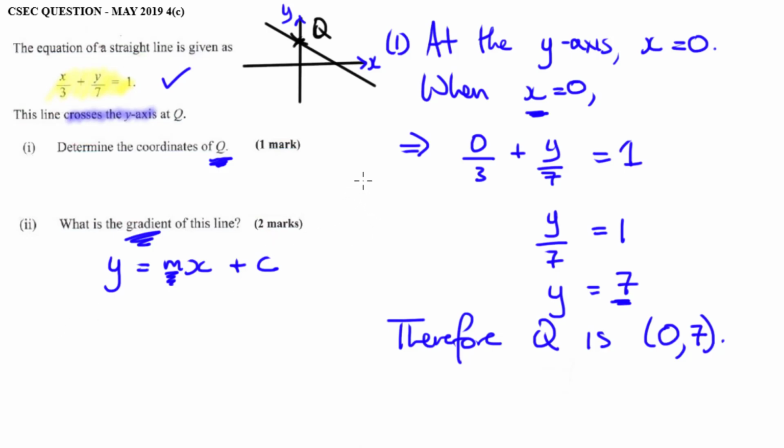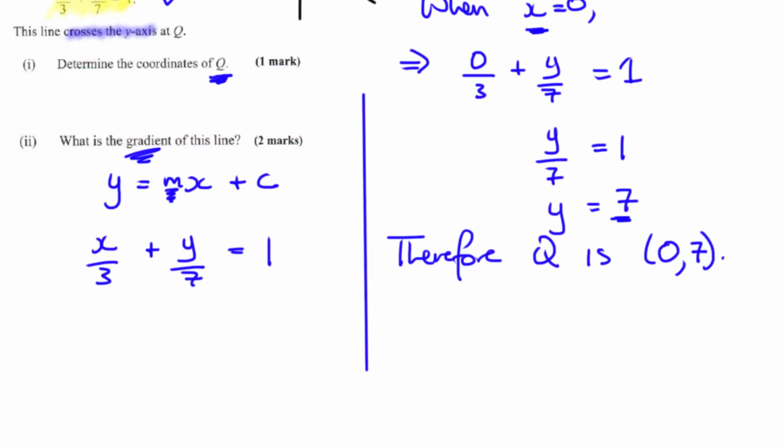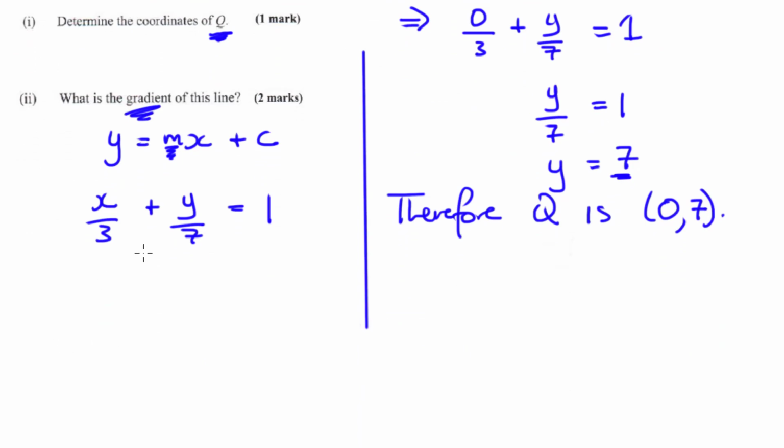So I'm going to put a little line here, to separate what I've already done. Now a third of x and a seventh of y is equal to 1. So to get a seventh of y by itself, I could subtract a third of x from both sides.